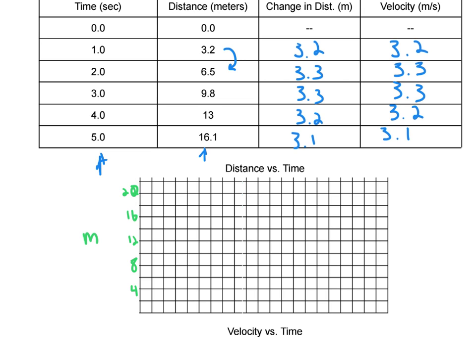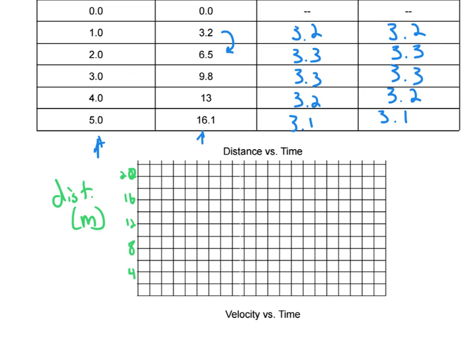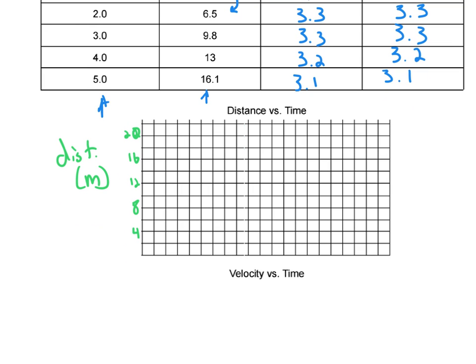All right, and that's meters for our distance. And then time always goes on the x-axis. So this is time, and I think seconds is the unit, and I think we can maybe count by even 2 boxes. This is every second to really spread this out. 1, 2, 3, 4, 5, 6, and that's more than enough.